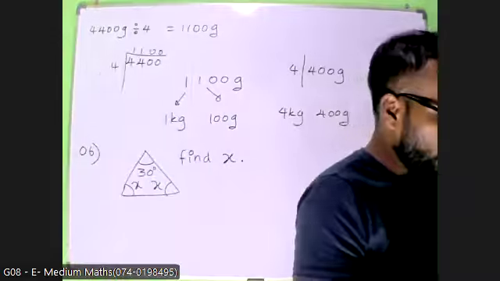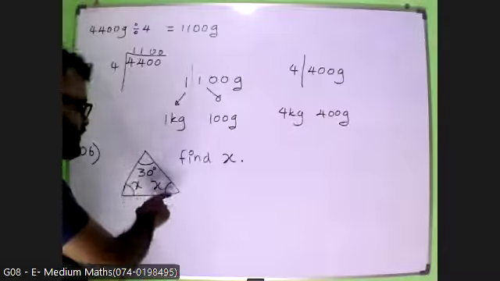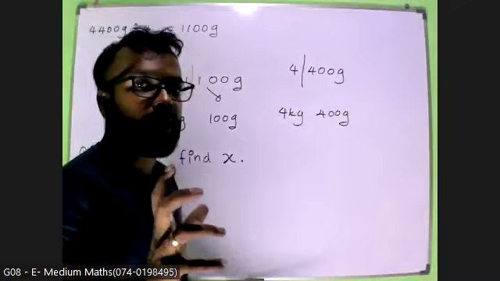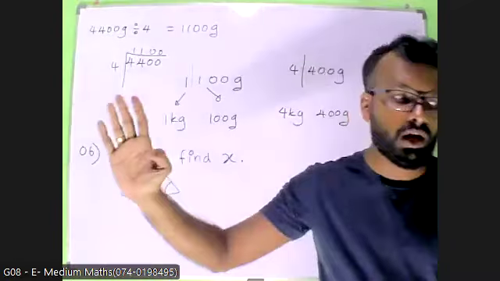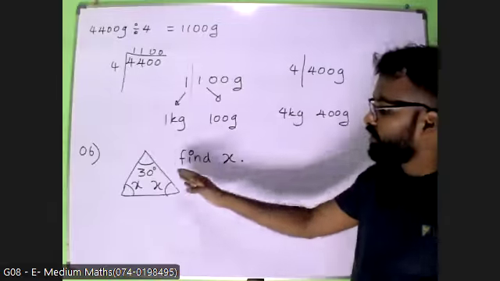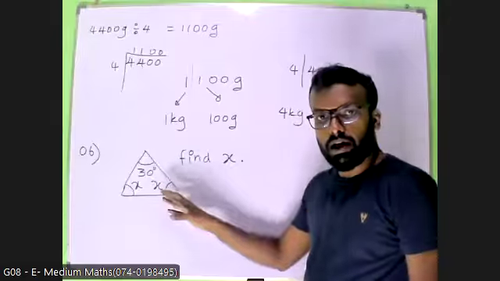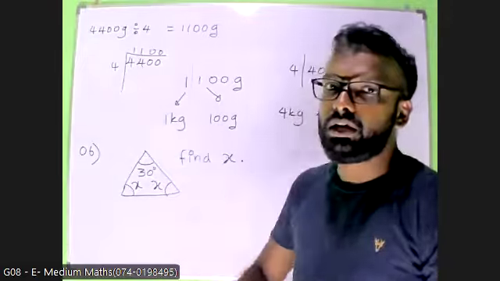So, what can you tell about the interior angles of a triangle? The summation of the three interior angles of a triangle equals 180 degrees.